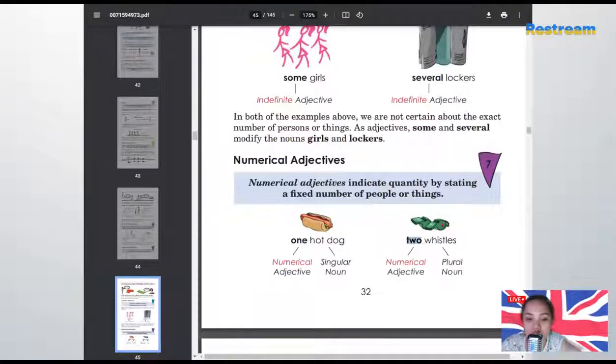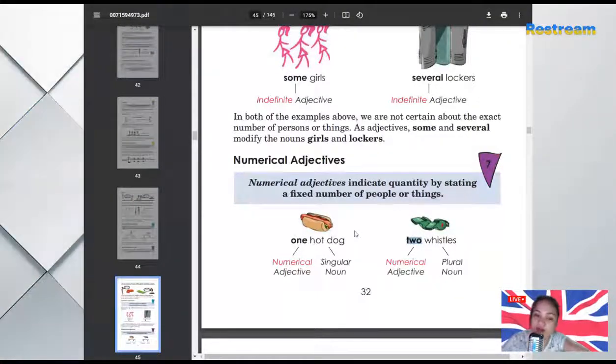Next, we have again two whistles. The two whistles is a numerical adjective phrase, because we have here the word two. Two can be an adjective, saying how much or how many.